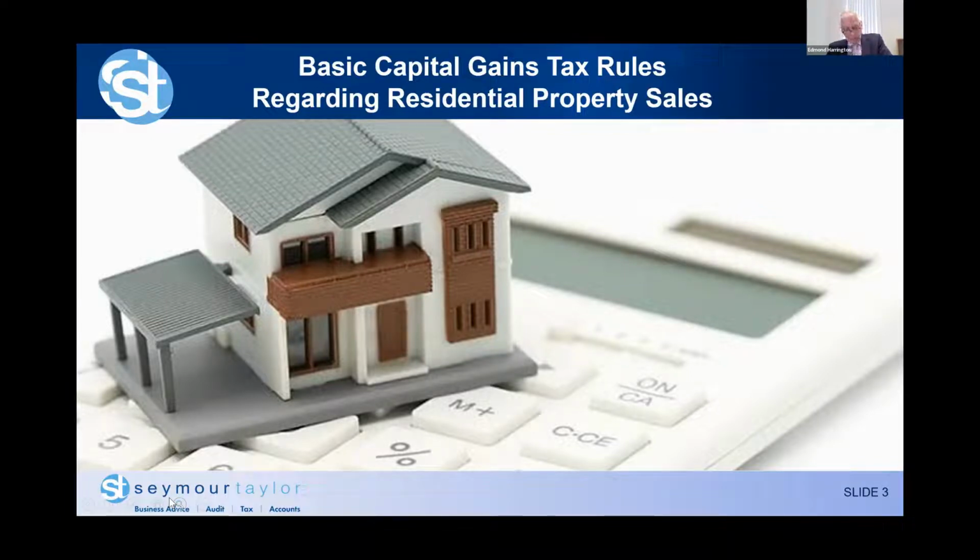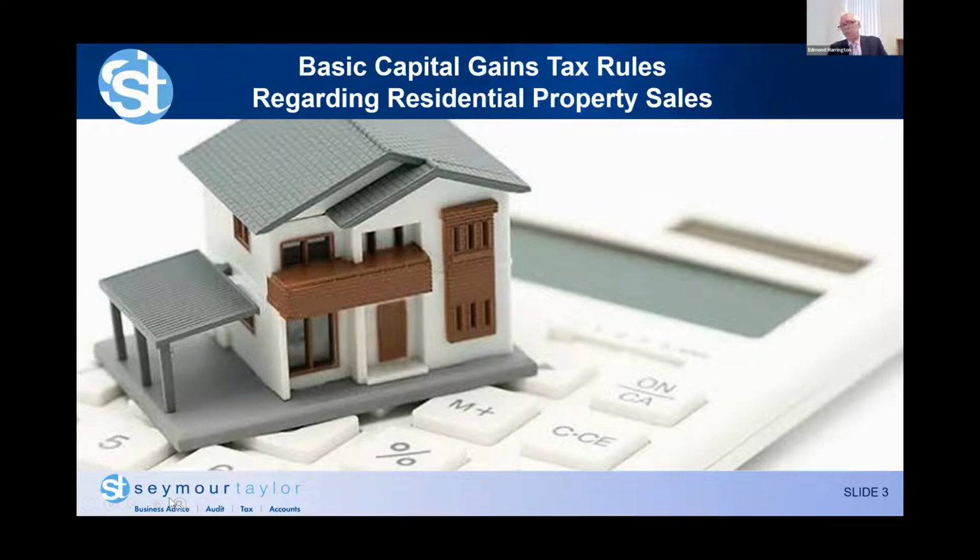In many cases, the sale of a residential property will be exempt from capital gains tax if throughout the period of ownership, the property has been the principal private residence of the owner or owners. I'll discuss shortly what a principal private residence is, because clearly this is a very important exemption to qualify for if you can.